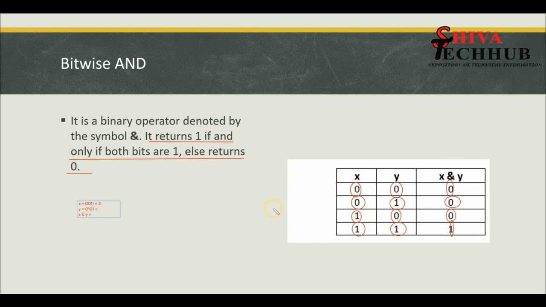The equivalent of y is 5. Now 3 and 5: according to this operation, you already got the result over here, which is 0001, which means 1. So whenever you perform the x and y operation for x value 3 and y value 5, the output result will be 1. That is how we will be performing the bitwise AND operator.